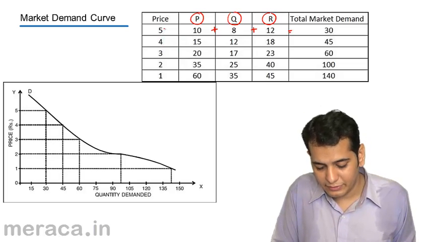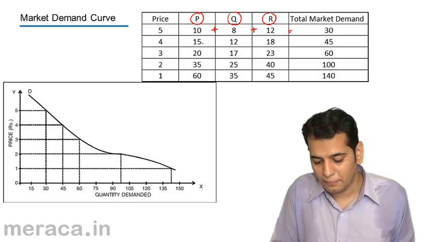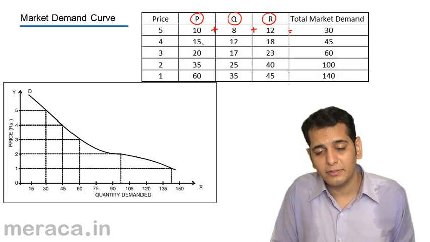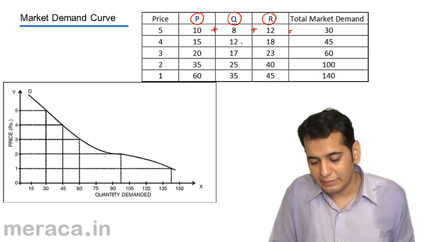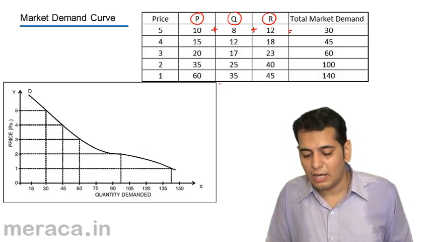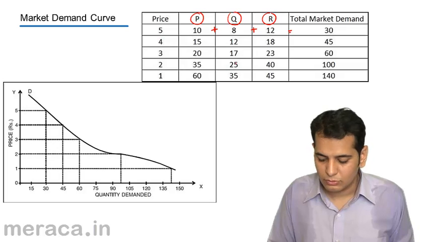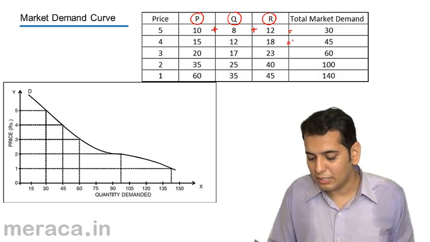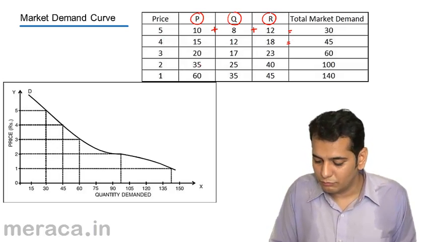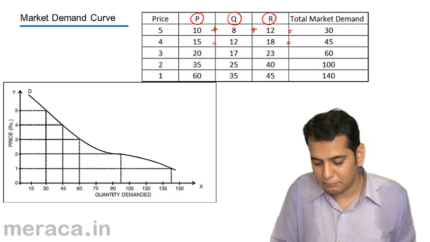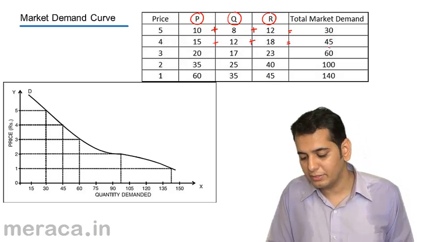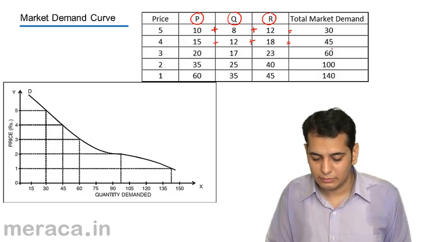Likewise, in the second case, when the price falls to 4, the quantity demanded by P rises to 15, the quantity demanded by Q rises to 12 and the quantity demanded by R rises to 18. In total, the market demand is 45. 15 plus 12 plus 18 equals 45.